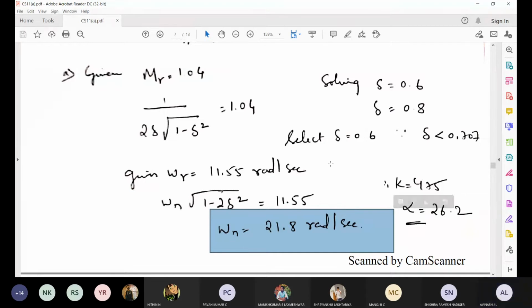Okay. So can I believe that omega n will be equal to 21.8 radians per second for all the students? How many of you got this particular answer? Please raise your hands.